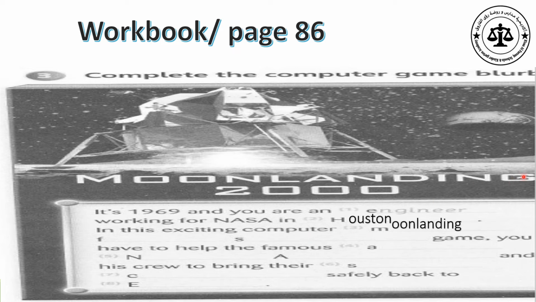Excellent, moon landing flight simulation games. You have to help the famous astronaut, excellent, Neil Armstrong and his crew to bring their what? Their space capsule safely back to the Earth. Excellent.